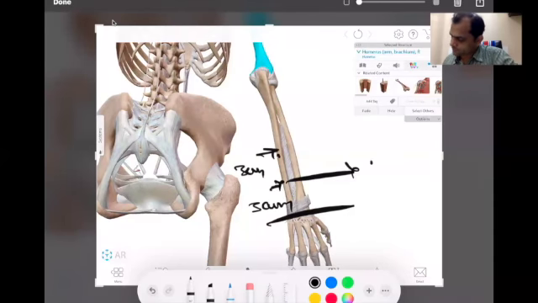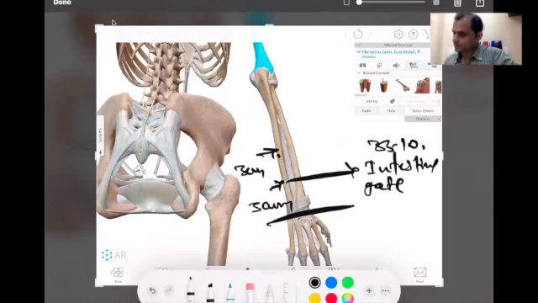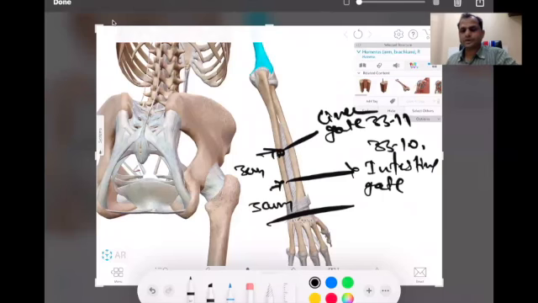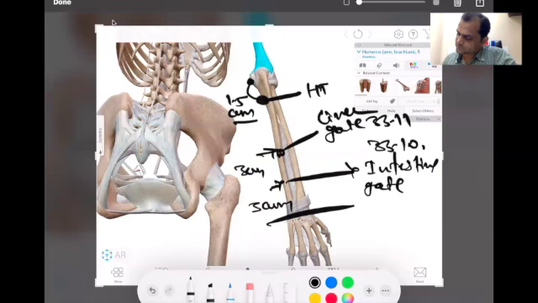The first point is called intestine gate, or 33.10. The name of the second point is liver gate, or 33.11. Now for the third point, from this elbow, we are coming 1.5 tune proximal. This is the heart gate, or 33.12. So all the three gates together are called three gates.